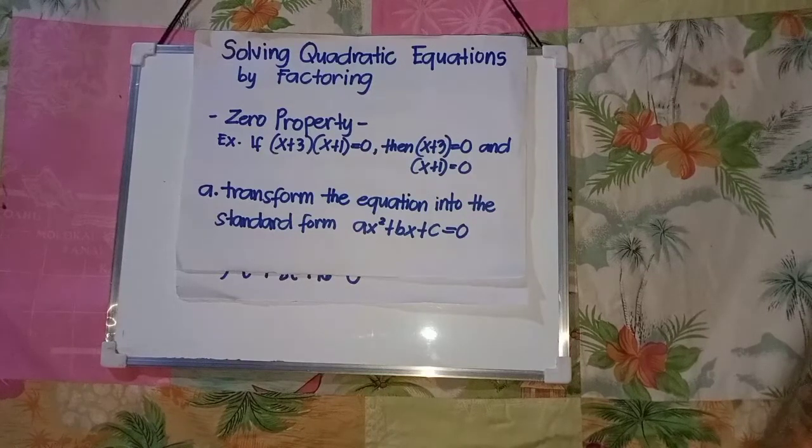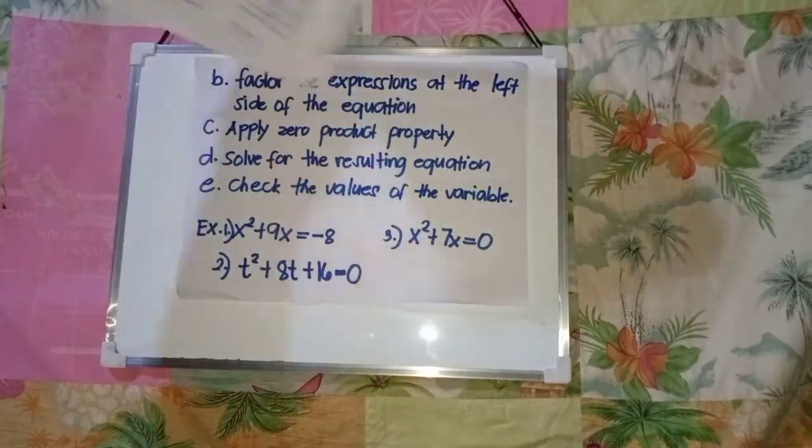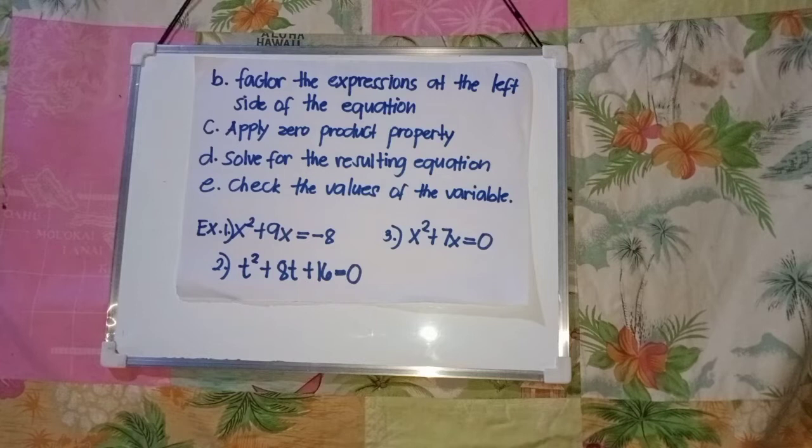Transform the equation into the standard form. When we encounter a given, the first thing we do is to transform the equation into the standard form, which is ax squared plus bx plus c. Next, factor the expression at the left side of the equation.